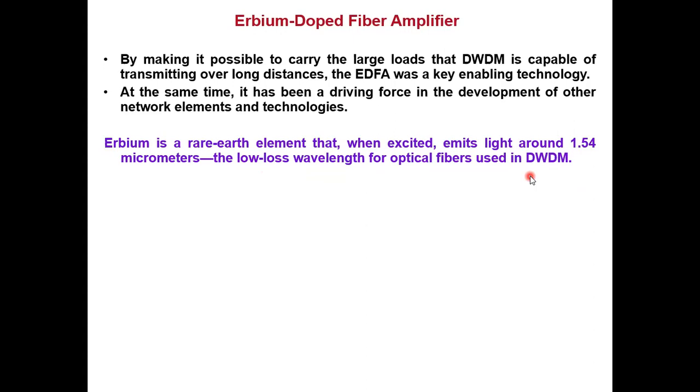DWDM is dense wavelength division multiplexing. So it's just a variation of wavelength division multiplexing. So using this property of erbium, because उसको excite किया तो it is emitting light, and for us it is helpful because it is emitting at 1.54 micrometer.